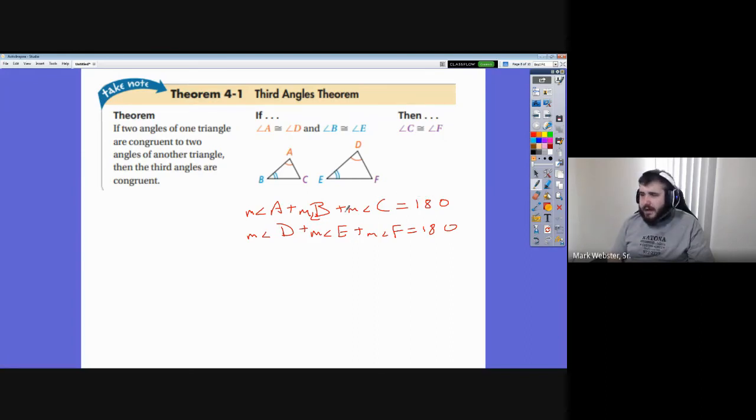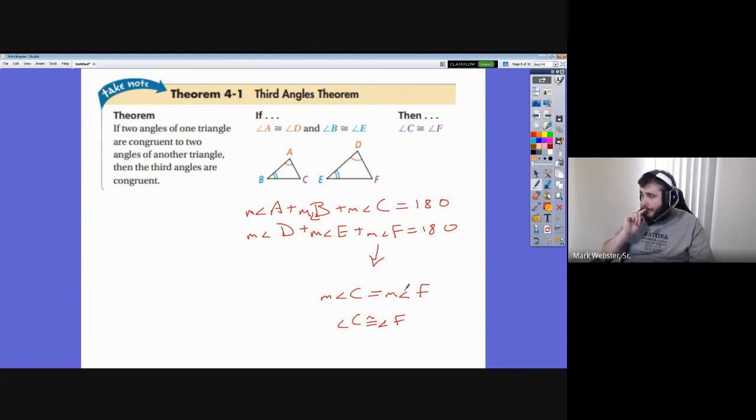They're both equal to 180, so they're both equal to each other. We already know that A and D are the same. We're going to be able to subtract those out. We already know that B and E are the same, so we're going to be able to subtract those out. And so all this here goes to show that the measure of angle C is the same as the measure of angle F, which means that these two angles must be congruent.